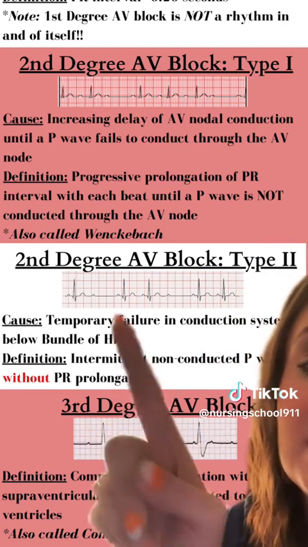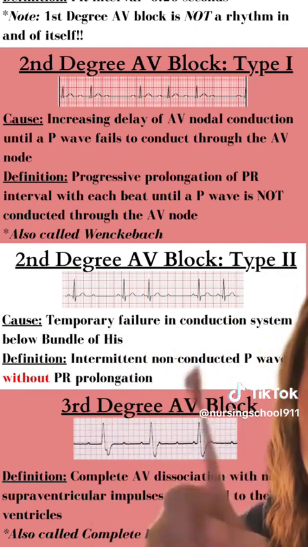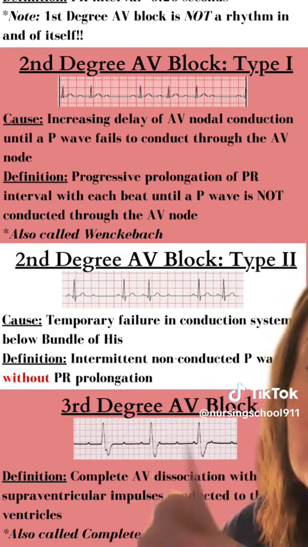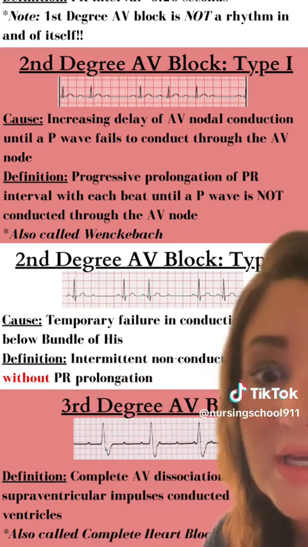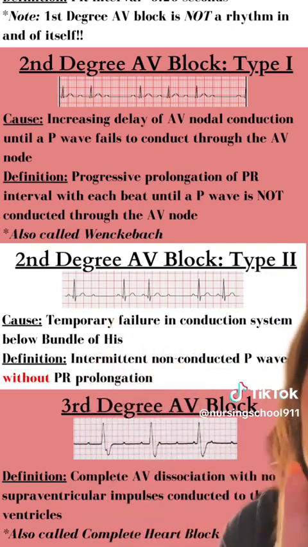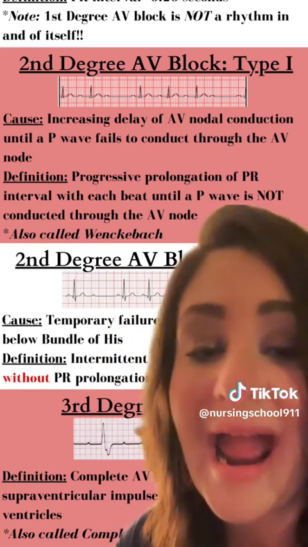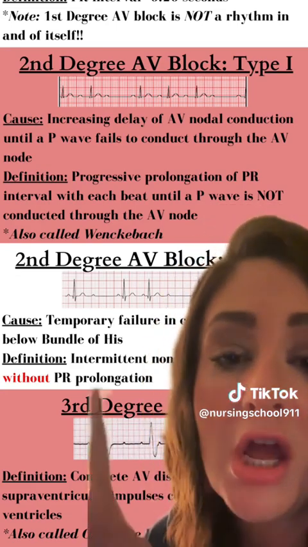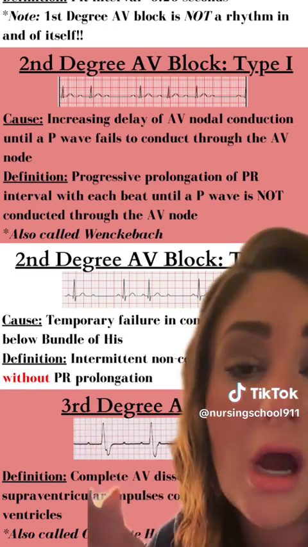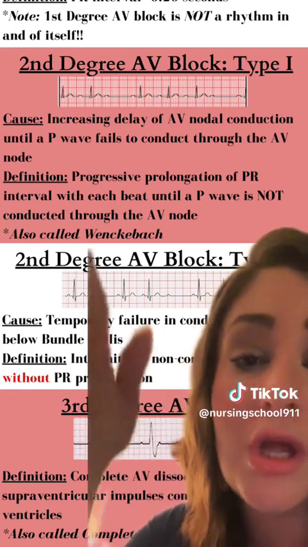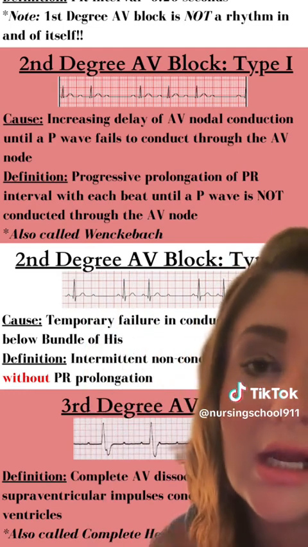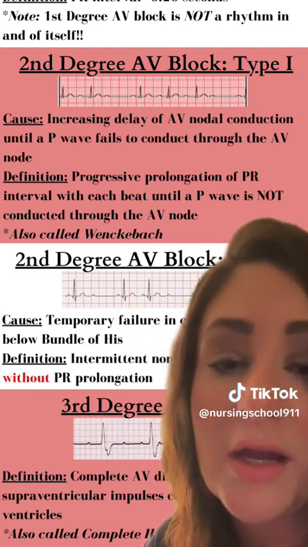So with a second degree AV block type 2, we have a temporary failure in conduction below the bundle of His. What you're going to see is just intermittent non-conducted P waves without PR prolongation. So there is no warning that the PR interval is going to get longer. You're just going to, boom, drop a QRS complex because we're not conducting below the bundle of His intermittently.